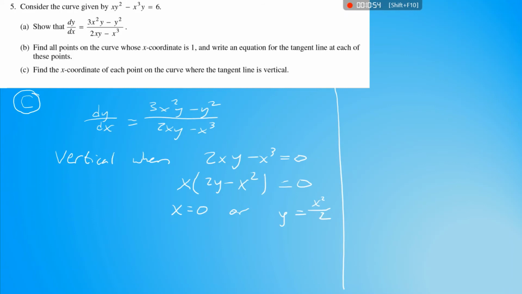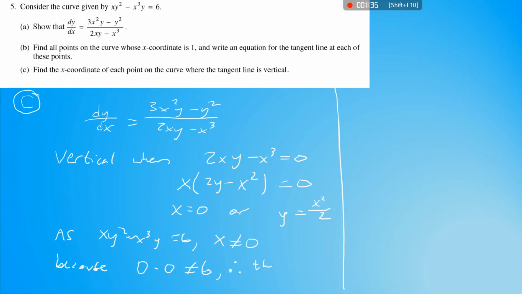That's 0, 0, 6. So you said 0 minus 0 equals 6? Doesn't make sense, so we cannot use that. Cool. Okay, so we can say x cannot equal 0 because 0 minus 0 does not equal 6.